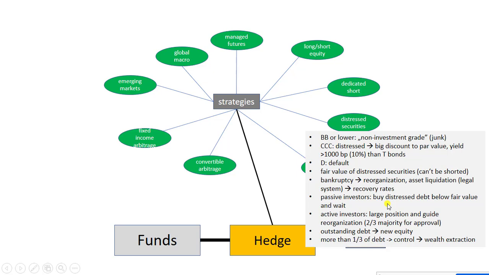For example, Templeton was following such a strategy in 2008 and 2009 in Hungary and in Romania, because both countries were hit hard by the global financial crisis.